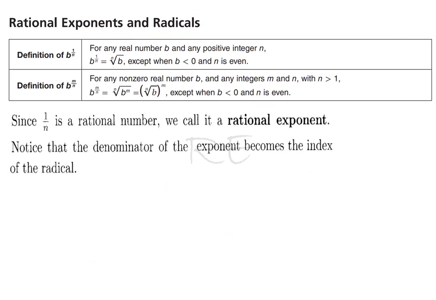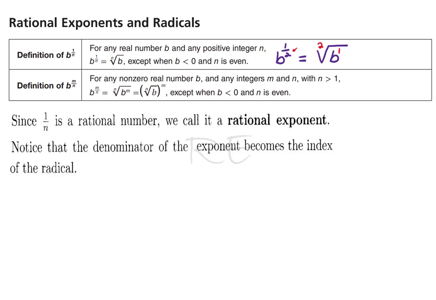For any real number b and any positive integer n, b to the 1 over n is equal to nth root of b, except if b is negative and n is even. B to the 1/2, for example, is equal to square root of b to the first.